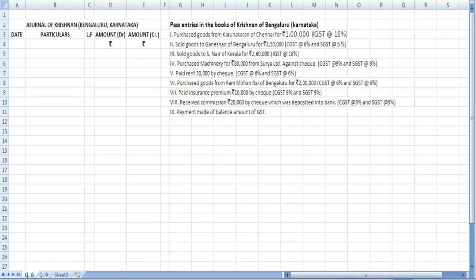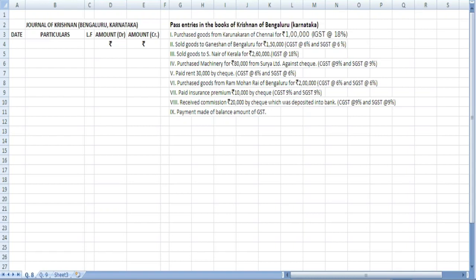Hello students, in this question of GST, we'll be learning how to adjust the balance amount of GST if output IGST exceeds input IGST. Now IGST is paid when we do the interstate or outside the state transaction.